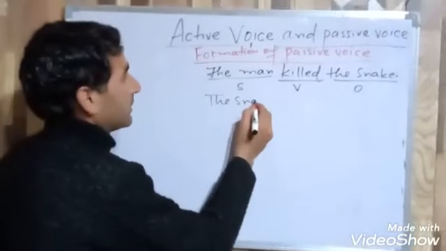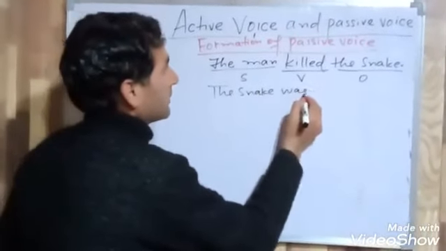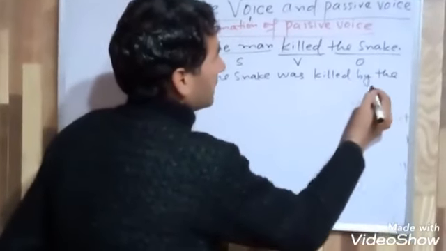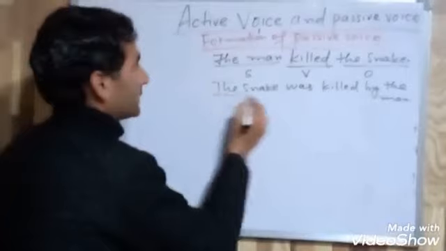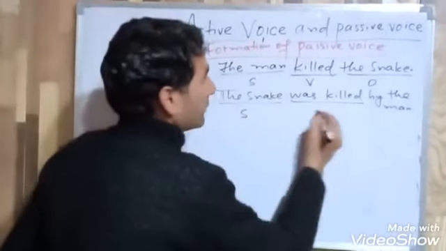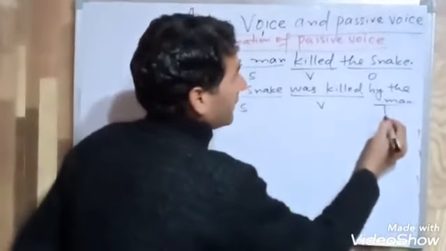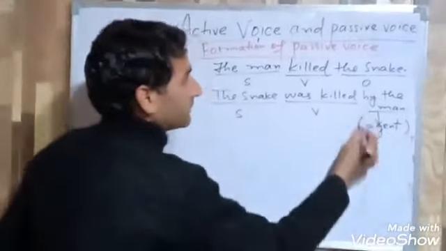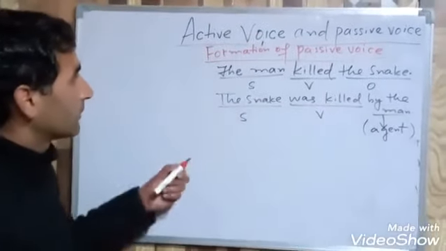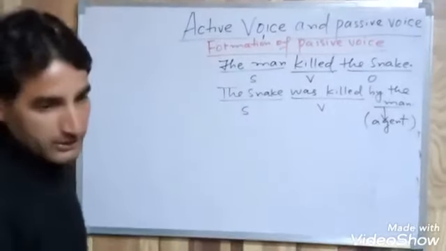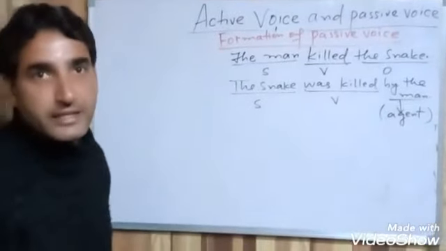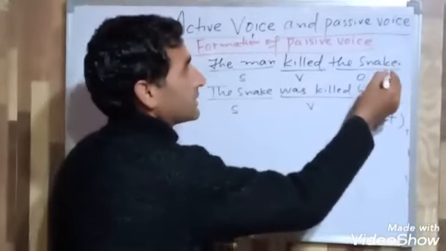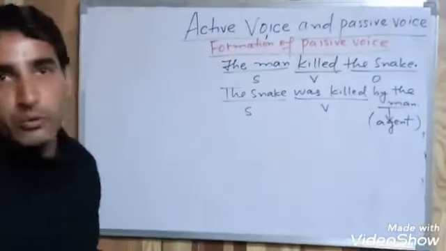The snake was killed by the man. Again, the snake is here subject, and man is agent or doer. Now, let us have a look at this sentence. This sentence is in active voice, and this sentence is in passive voice.